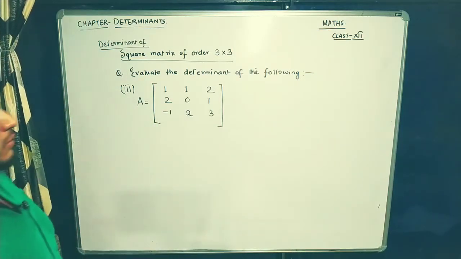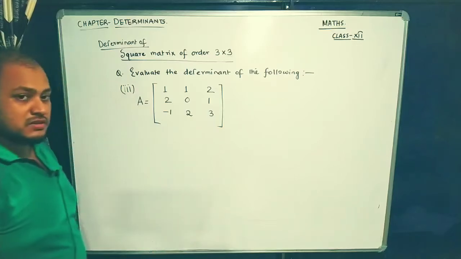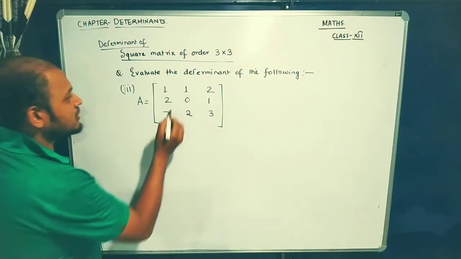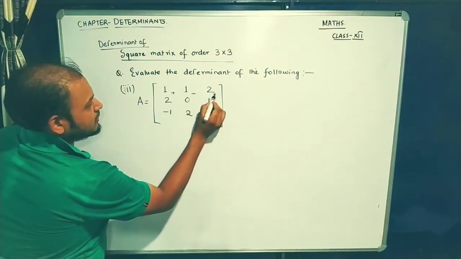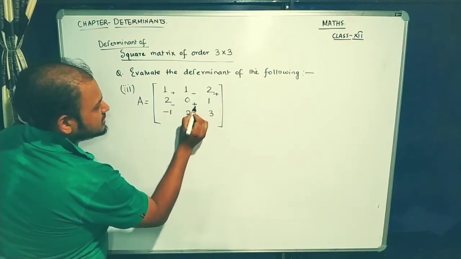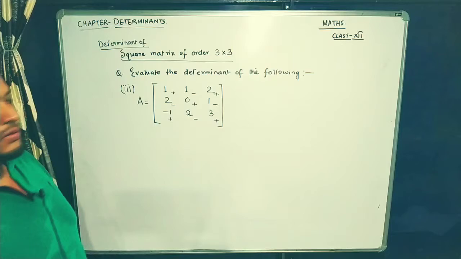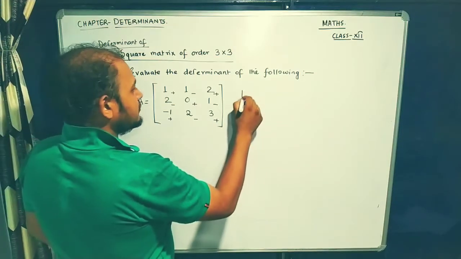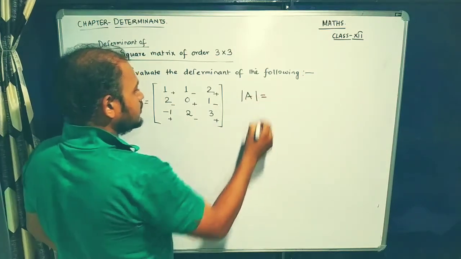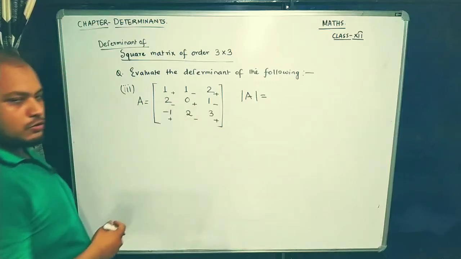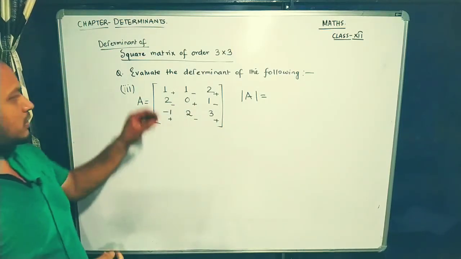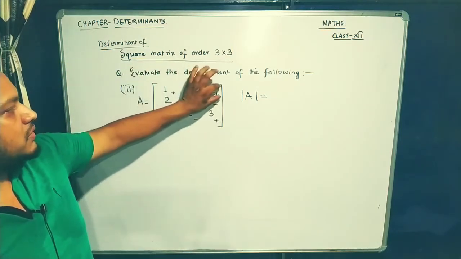So its determinant will be, now remember the sign convention, place the sign convention, plus, minus, plus, minus, plus, minus, plus, minus, plus. Okay, so now determinant of A will be equal to, which row do you select? Well, in previous examples we have chosen the first row, right?